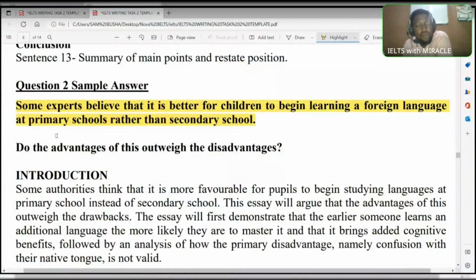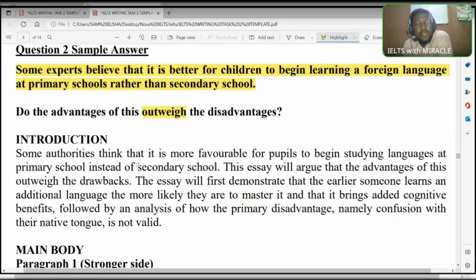Do the advantages outweigh the disadvantages? So whenever you see this type of question, know that it is an argumentative essay. You are either stating that the advantages outweigh the disadvantages, or that the disadvantages outweigh the advantages.